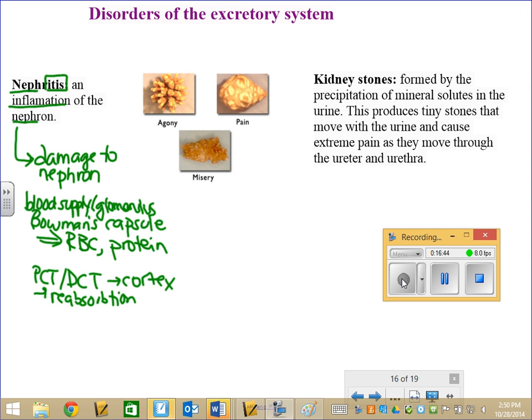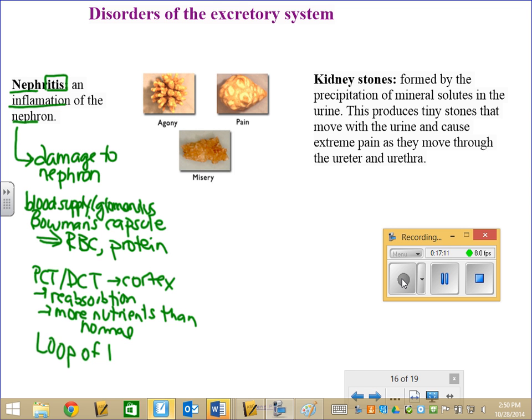So if there was damage there, I would expect to find more nutrients than normal in my urine. So I might have more amino acids, more sodium, more glucose, more than I'm supposed to have because it's not getting reabsorbed the way it's supposed to.